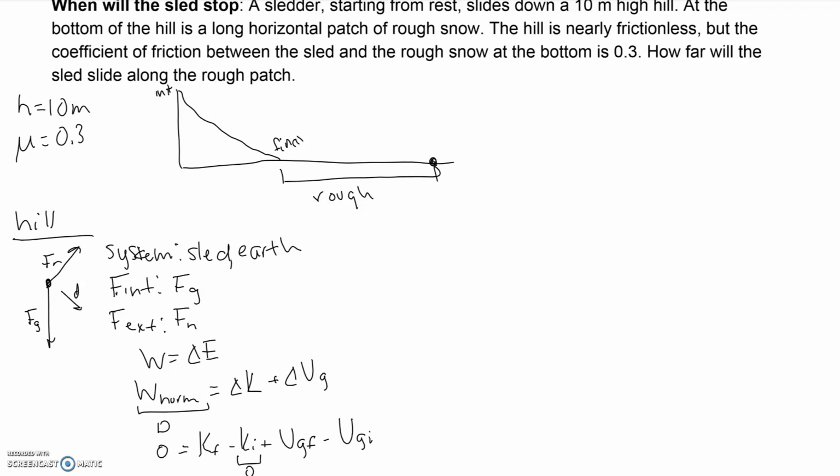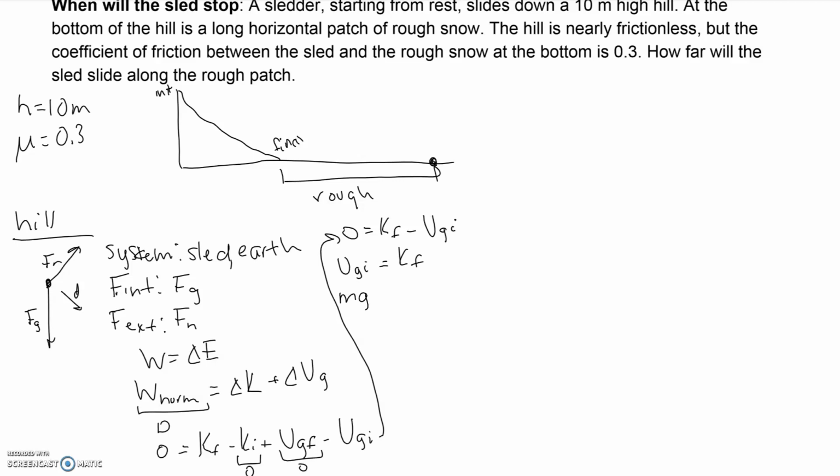And let's define the bottom of the incline to be our 0 height, so its final height is 0. So moving along here, we've got 0 is equal to final kinetic energy minus initial gravitational potential energy. So our initial gravitational potential energy is equal to final kinetic.